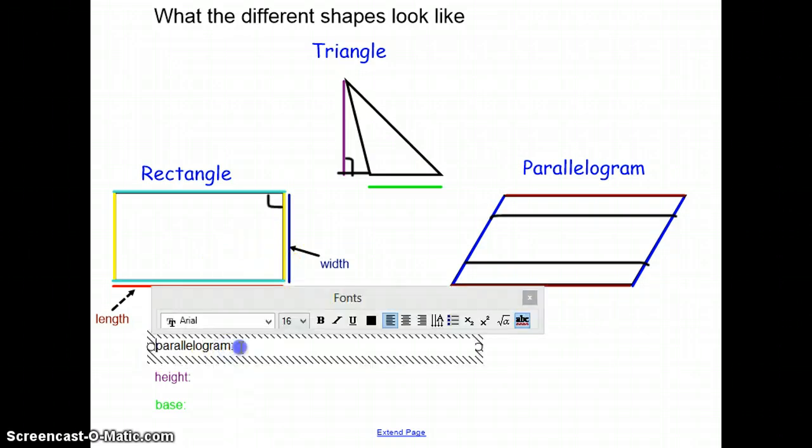A parallelogram is a figure where all sides have parallel lines.